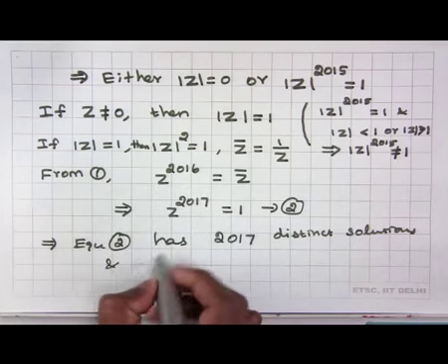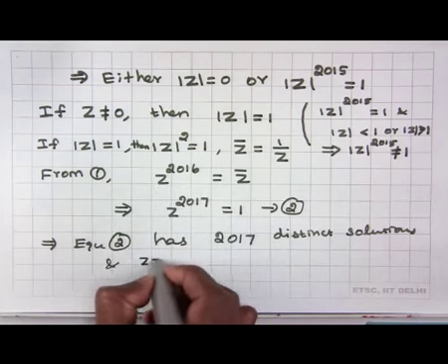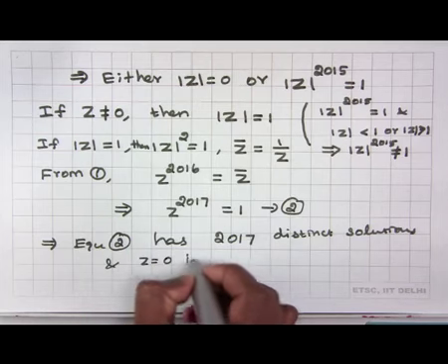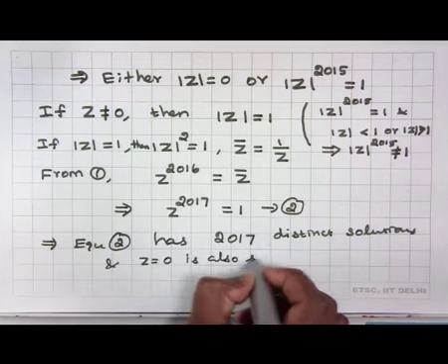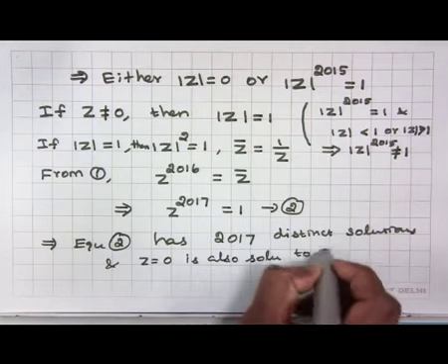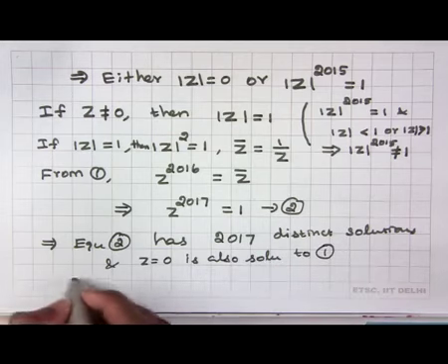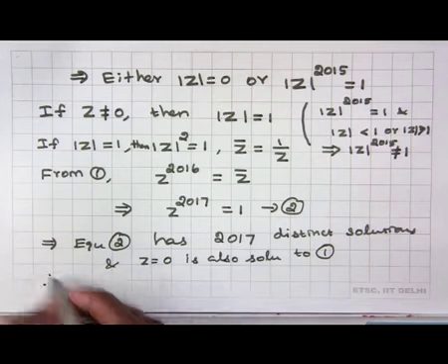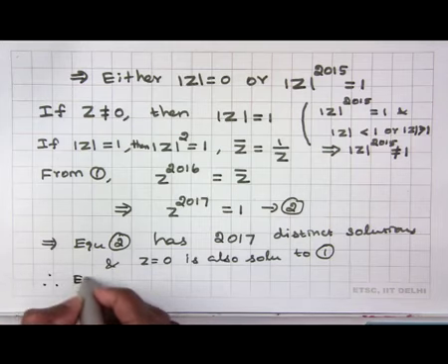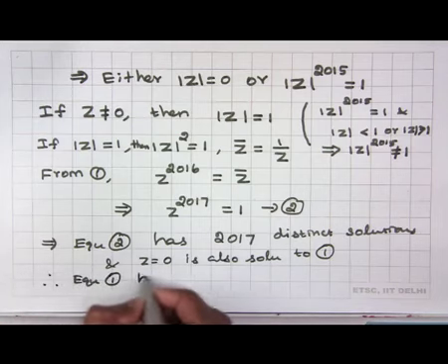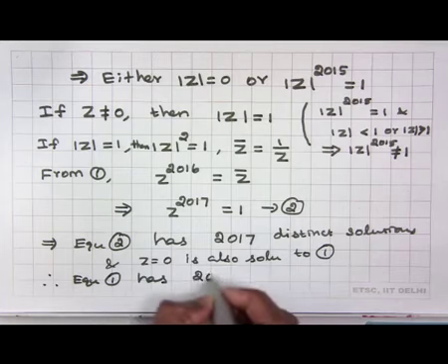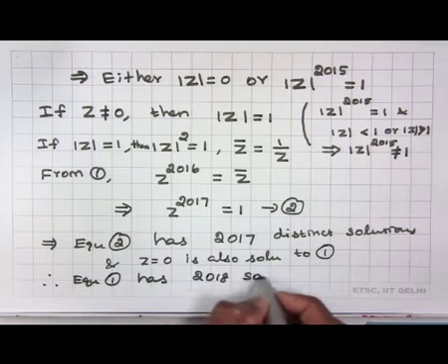So, which means z equal to 0 is also a solution. As a conclusion, equation 1 has 2018 distinct solutions.